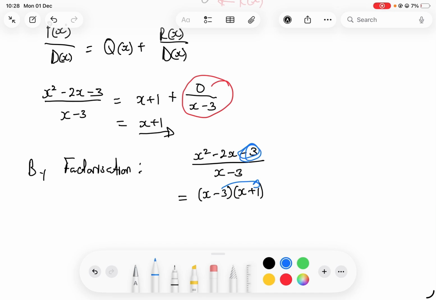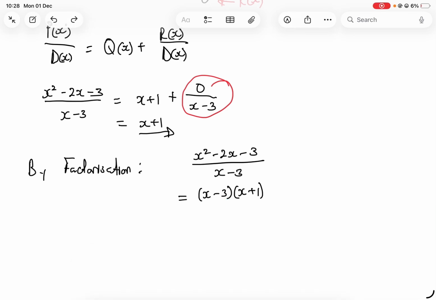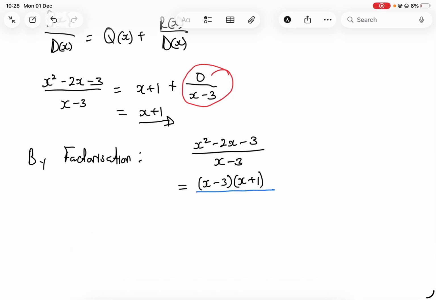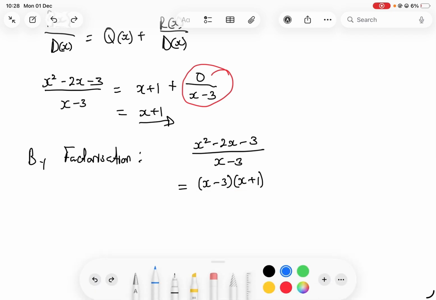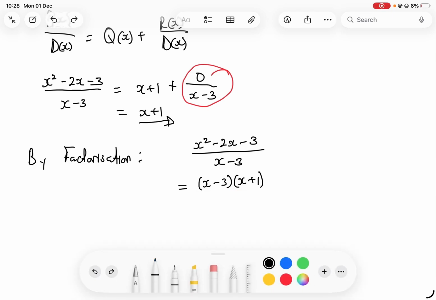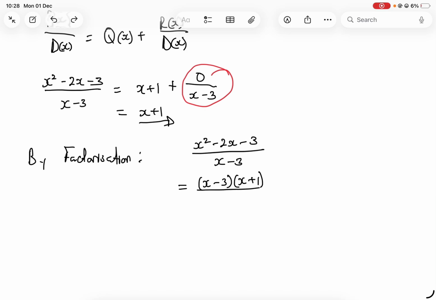But also if I say minus 3 plus 1, I get minus 2. So yeah, it's correct. So the factors of the above equation are like this. Then it's all over, oh, let me change the color, it's all over x minus 3.